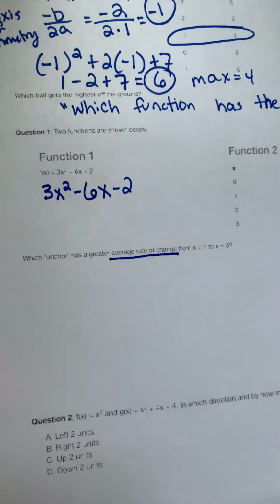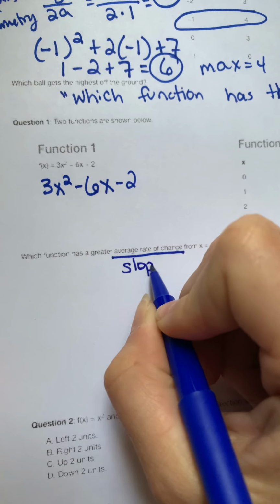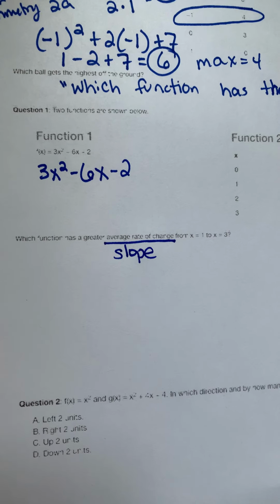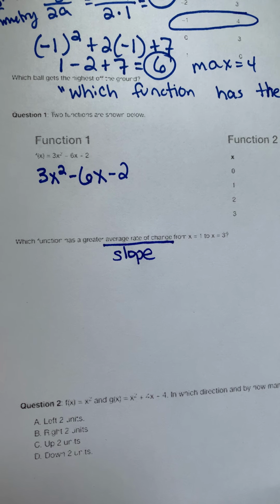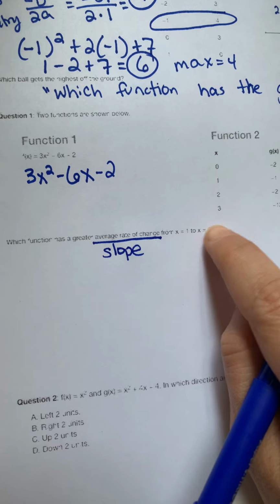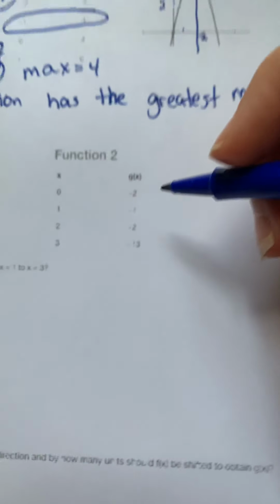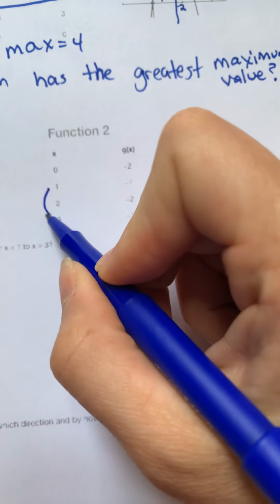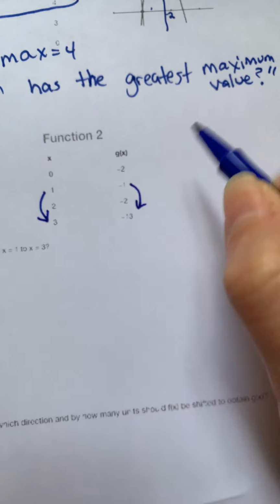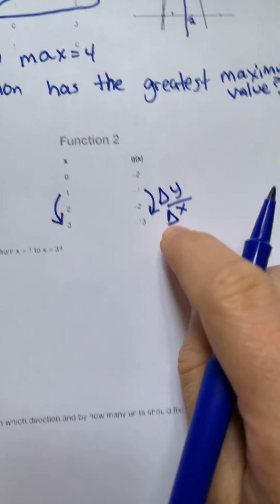So average rate of change is my slope. Right, so I want to find out what my rate of change is from x equals 1 to x equals 3. So here we're going from x equals 1 to x equals 3. Remember, it's change of y over change of x.